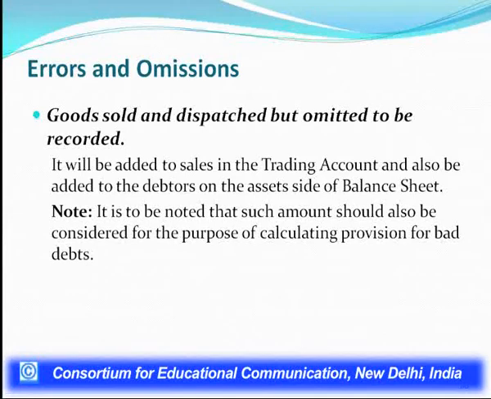This adjustment also has a side effect on the debtors amount. If any adjustment is to be made for a provision for bad and doubtful debts or provision for discount on debtors, then that amount will also be affected, because any other adjustment should be done only after rectifying the basic corrections in debtors and creditors.